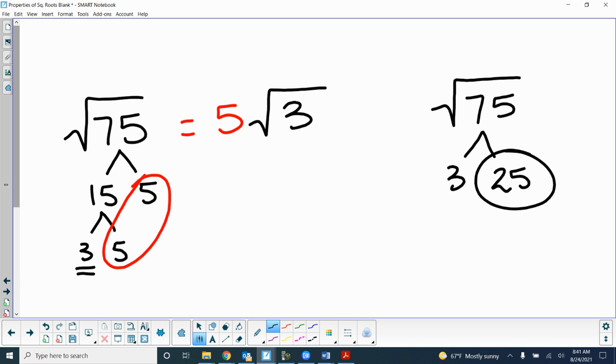So I don't go all the way down and make it 5 times 5. Whenever I see a perfect square, I circle it, and I know I got to pull a 5 out. But this may be a little quicker way. If you want to go all the way down to all the prime numbers and then circle your pairs, that's fine. But I always try to figure out if there's a perfect square in there. Any questions on that? Okay, you guys try this one for me, please.